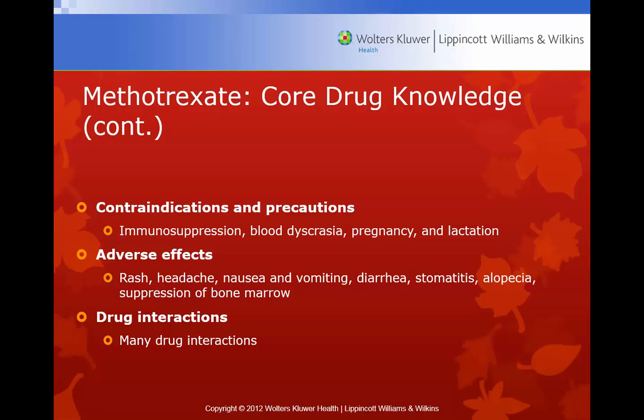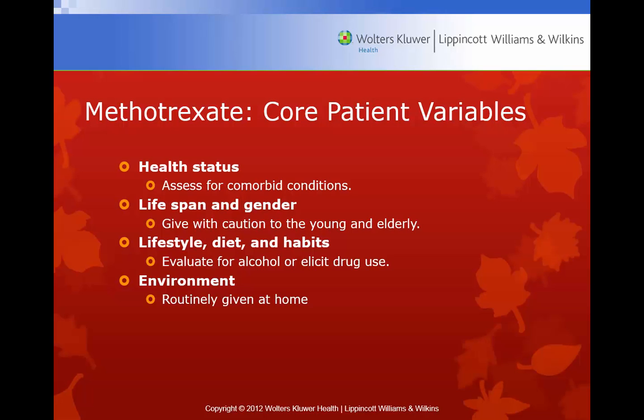So as far as drug interactions are concerned, there are multiple drug interactions. You can understand that there are lots of them that are going to interfere with this drug because of its immunosuppressant effects. And so that's on page 467, table 25.2 in your book. We do want to assess for comorbid conditions.